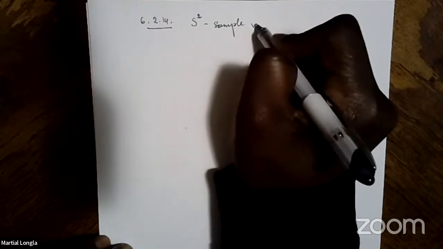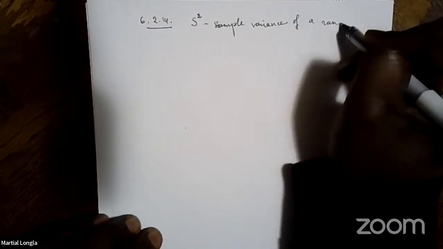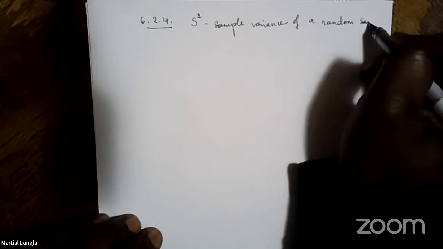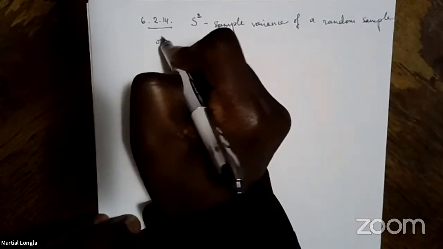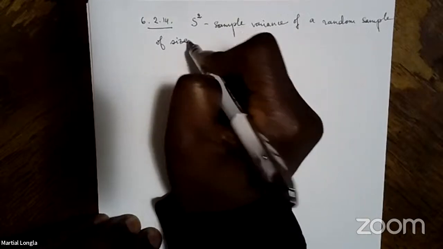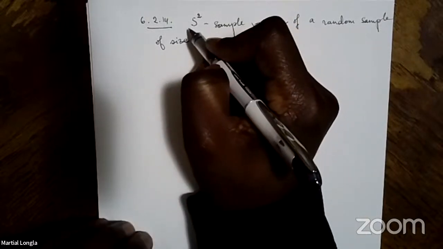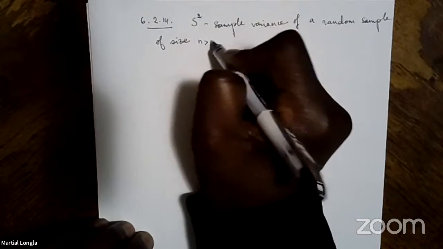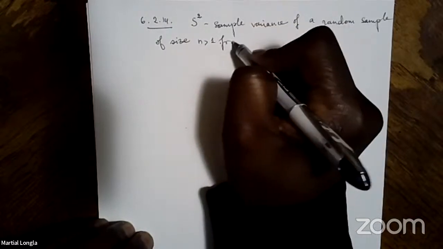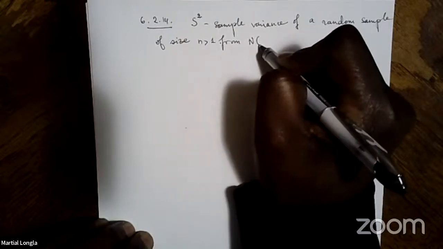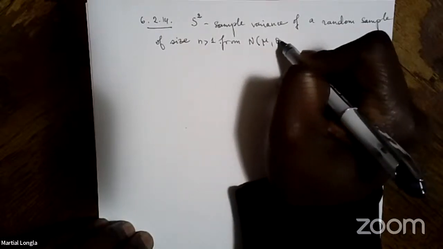And we say S squared, we know what S squared is. It's the sample variance of a random sample of size n strictly larger than 1 from the normal distribution with mean mu and variance theta.